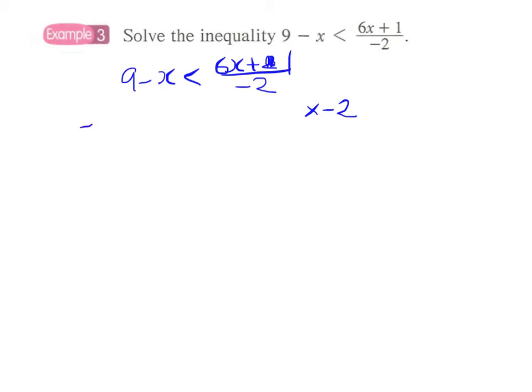But again, if we do this, we have minus 2 times 9 minus x on the left hand side and 6x plus 1 on the right hand side. But since this is a negative number, we have to reverse the direction of the inequality sign. So this will be greater. And we continue to simplify both sides.